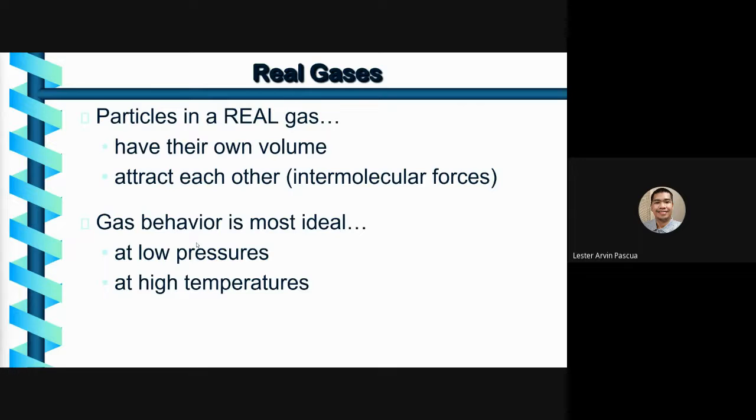Meron talagang sariling volume at nag-a-attract sila sa isa't isa, thus having also inelastic collisions due to intermolecular forces. Pero, we can achieve ideal gas behavior. Kumbaga, nagiging ideal gas ang quality nila kapag ang gases mo ay mababa ang pressure at mataas ang temperature.